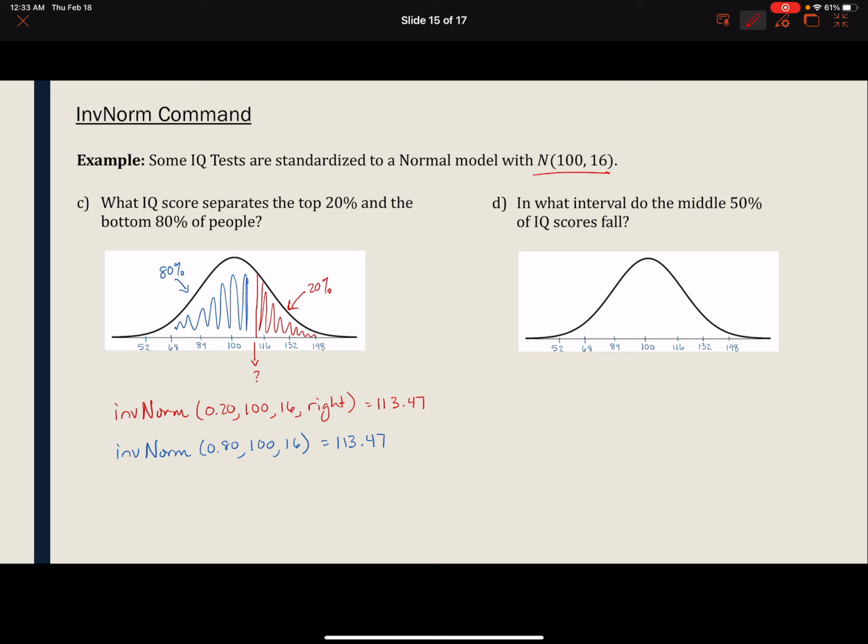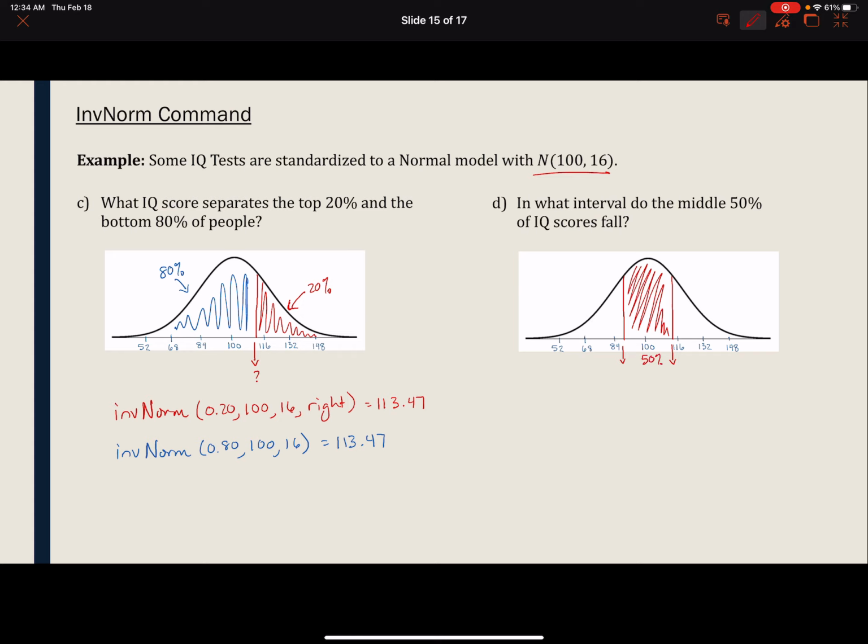So we know that the middle 50% is probably somewhere in here. So there's the middle 50%. And we want to know, what are these scores? So this is the middle 50%.